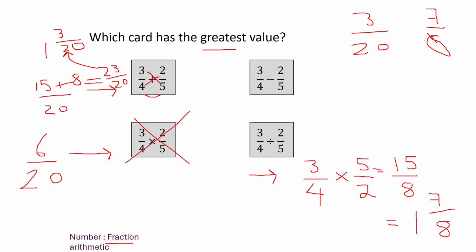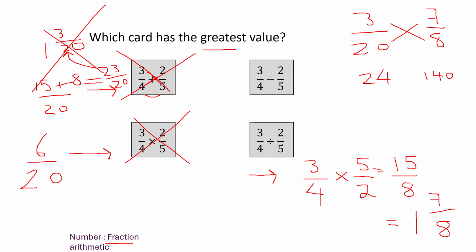So I'm going to do 3 times 8 and then 20 times 7. 3 times 8 makes 24, and then 20 times 7 makes 140. So we can see which number is bigger. Well, it's going to be 140. Therefore, 7/8 is bigger than 3/20. So that's going to knock this out here. So this is no longer available or applicable.